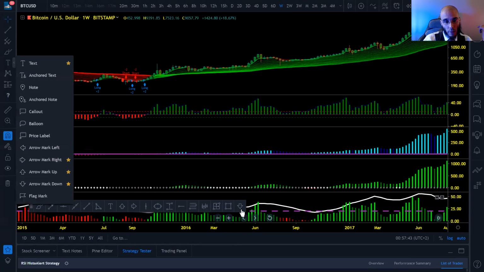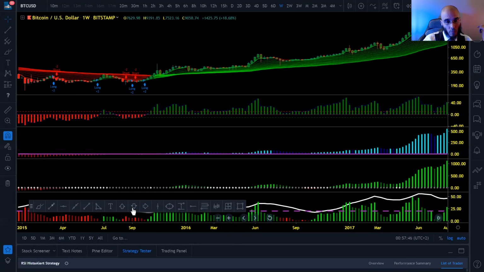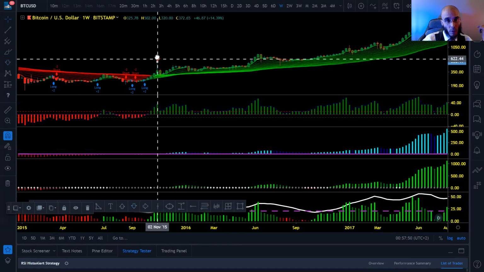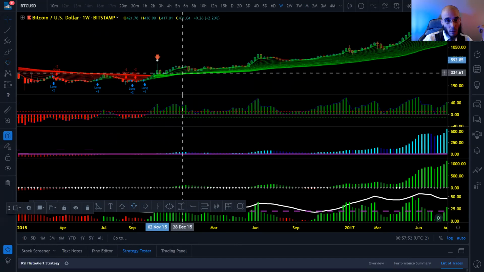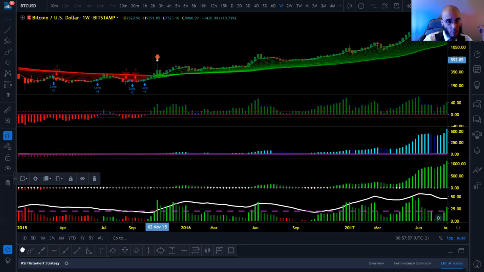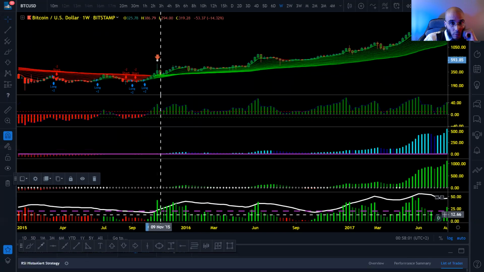Here are the red arrows. Here you did get a top and we went down. So yes, here you touched, we went down.